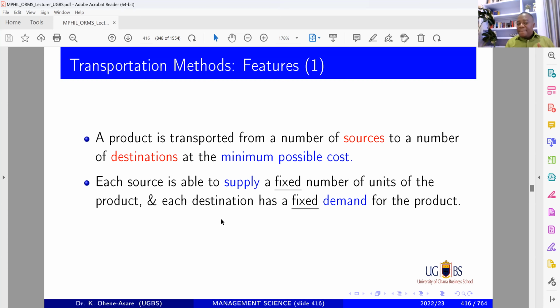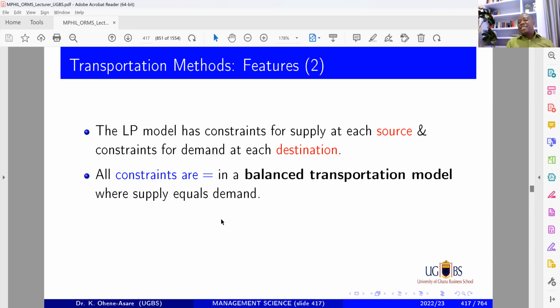Some units are being transported and they are being sent from the source to a destination. There is a fixed number of items or units that are being sent in this case, but there's a cost associated with sending.